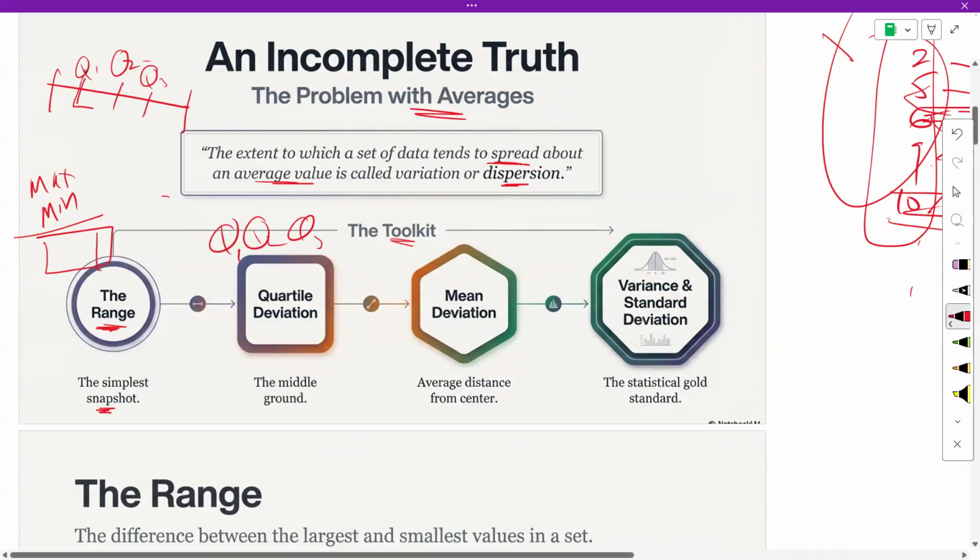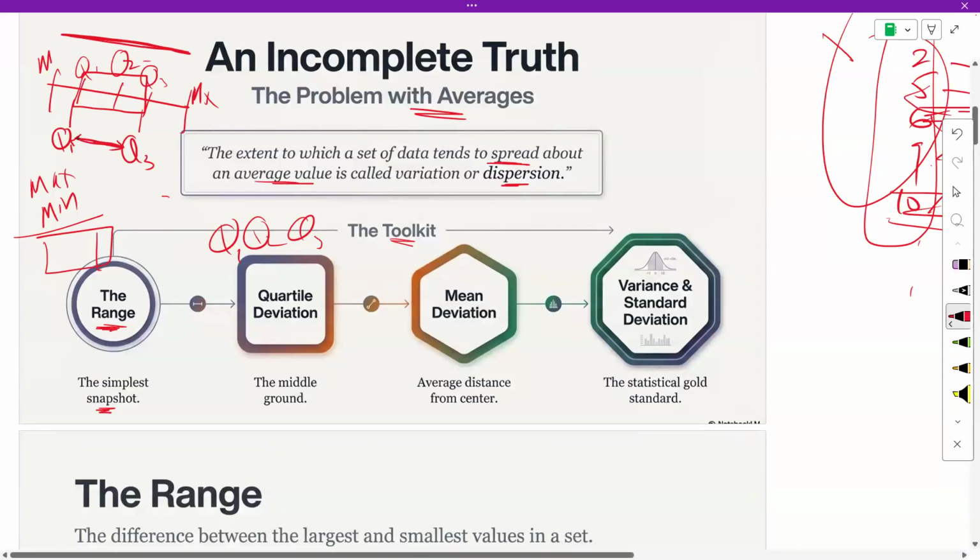Then we take these figures and calculate Q3 minus Q1. So this gap is the interquartile range. But here, this is the minimum value, this is the maximum value, and the difference between the maximum and minimum is the range.